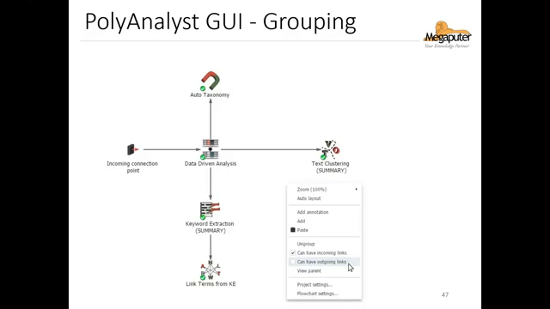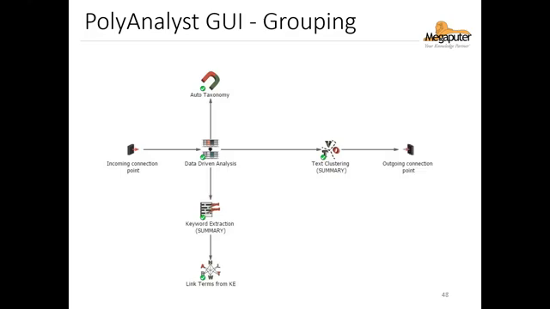Make sure that's check marked. That will create our outgoing connection point. So now our group node has an outgoing link that we can use to connect it to another node or branch. And as I said before, we need to select one node to represent the outgoing connection point.